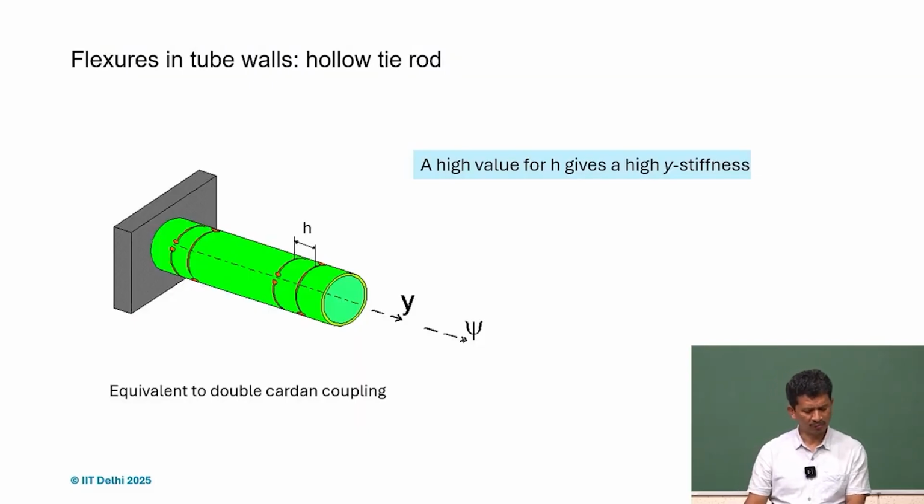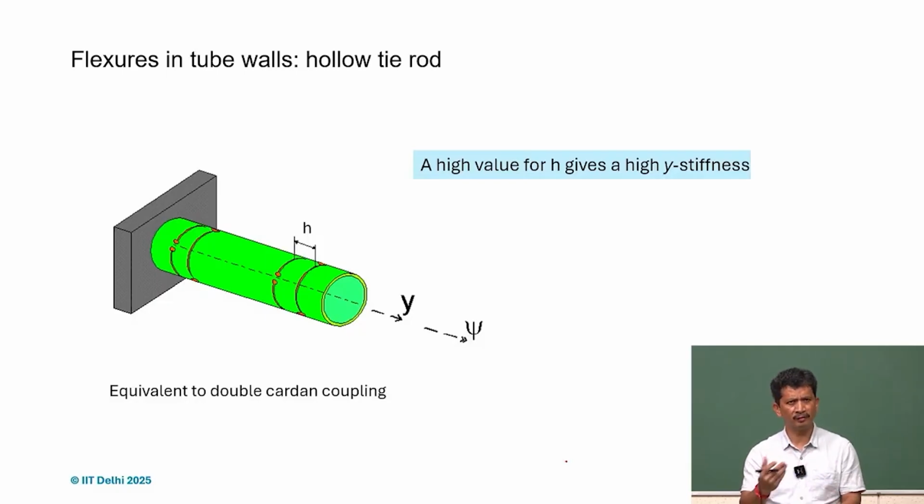We'll stop here. There is another class of flexures made out of tubes, again very interesting and useful. We'll learn about these kinds of flexures in the next lecture, and we'll talk about some more designs in detail, and we should be able to appreciate how these flexures or compliant mechanisms work, and how they control different degrees of freedom.